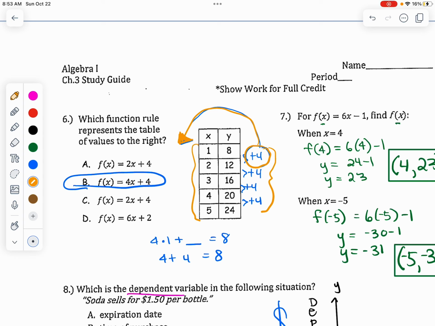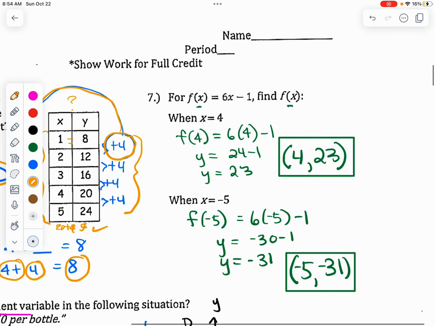And like we've talked about in class, so I know it's 4 times what? But then I have to wonder, what does it take to add to equal 8? And so I know 4 times 1 is 4, plus 4 equals 8. So B is our function rule. And you could check that. Let's just say if we check it on step number 5, 5 times 4 is 20, plus 4 is 24. So we know it's right.